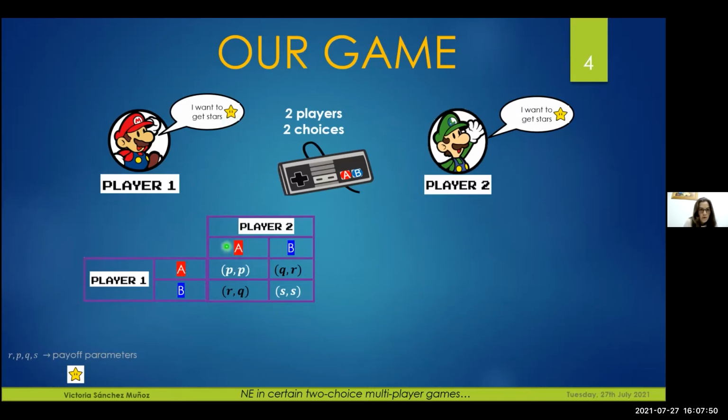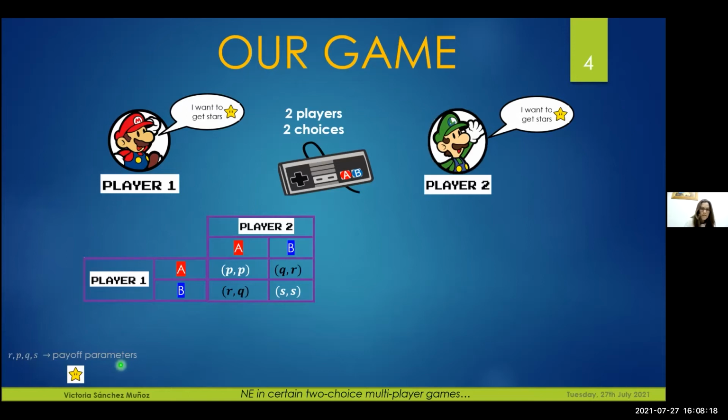If they both choose B, they both get S stars. And if player 1 chooses A and player 2 chooses B, player 1 gets Q and player 2 gets R, okay? And vice versa. So it is a symmetric game. And as I said, those are the payoff parameters, or the number of stars.